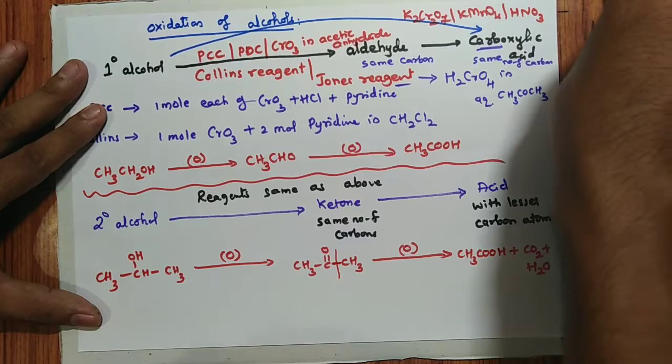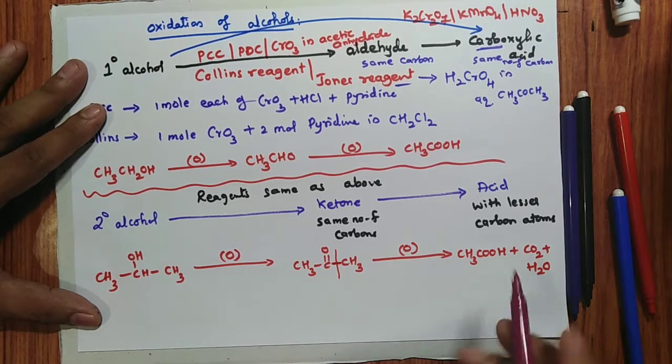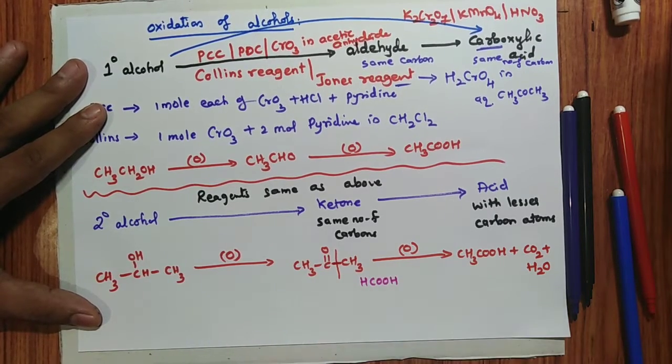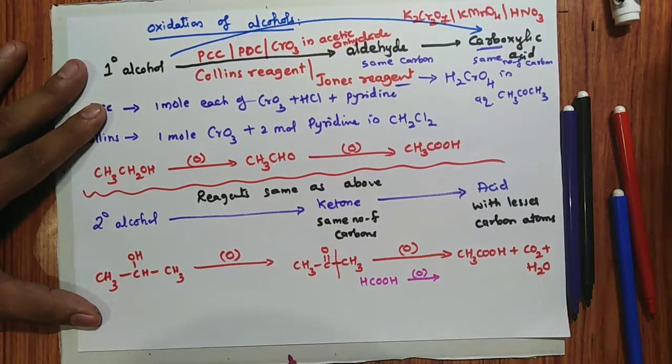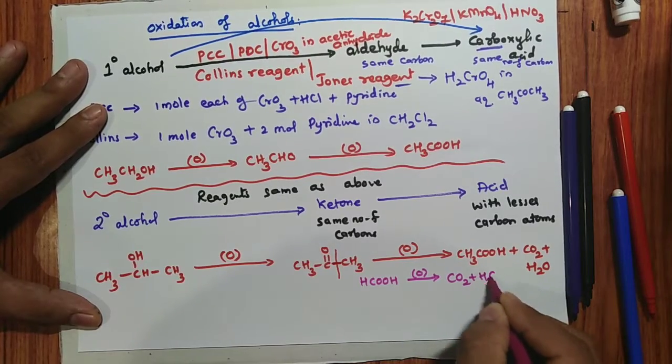Now you can ask me, sir, from where did this CO2 and H2O come? Remember, actually this is converted into CH3COOH, and this is converted into HCOOH. One thing you have to remember in this part, HCOOH, on further oxidation in presence of KMnO4, gives CO2 plus H2O.